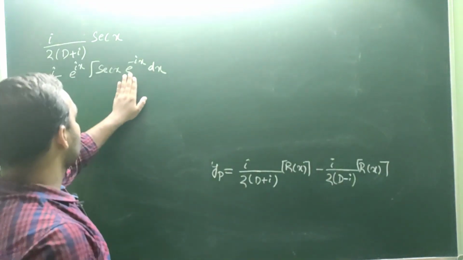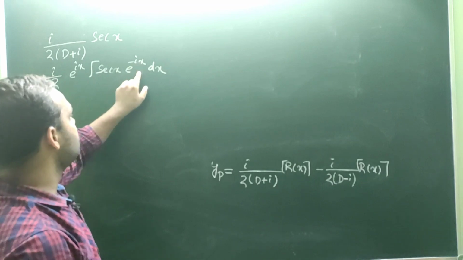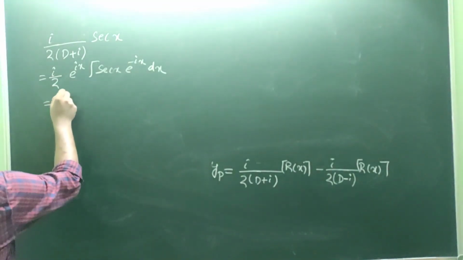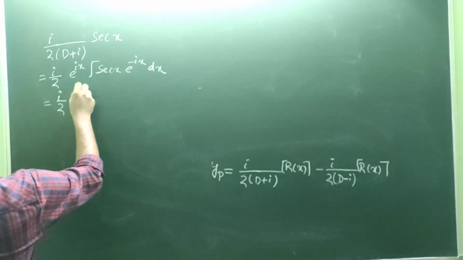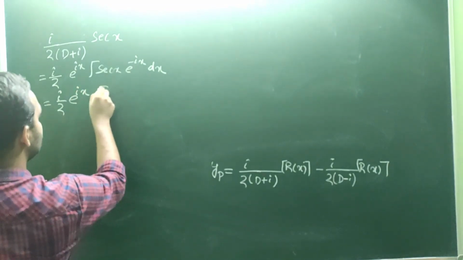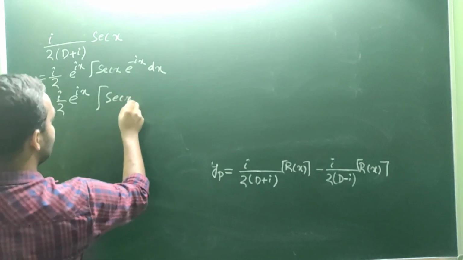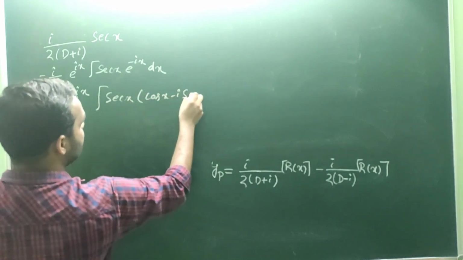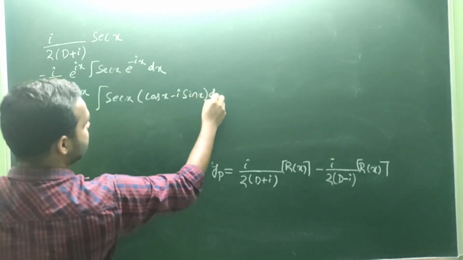And then this e^(-ix) will be cos x minus i sin x. Let's write it down, this term as it is, and here sec x times (cos x minus i sin x) dx.